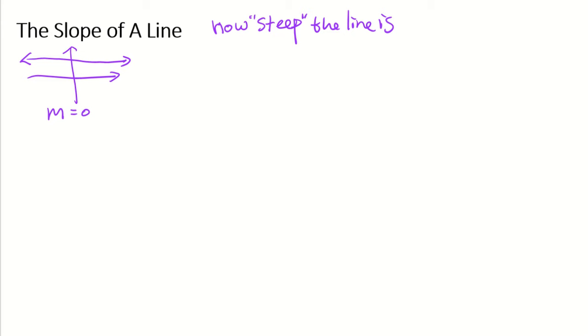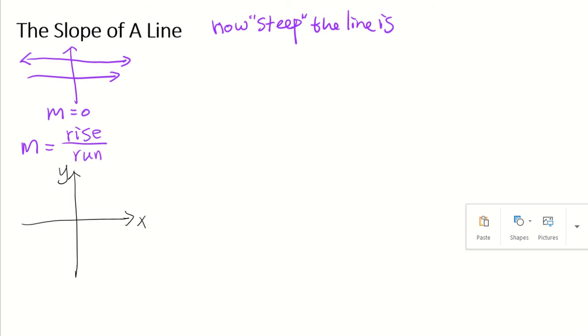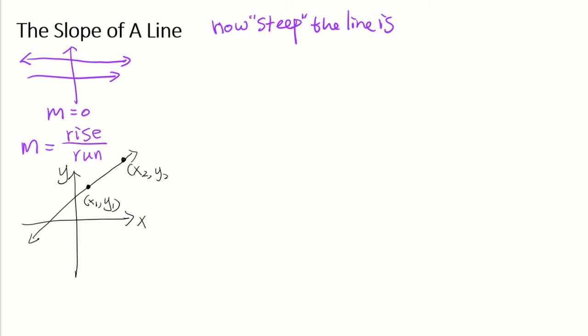Okay, we should know slope. We use m to represent slope, and that is equal to rise over run. So if you draw a graph, x here, y here, and with a line like this, and we put two random points here, one we call x1, y1, the other one x2, y2.